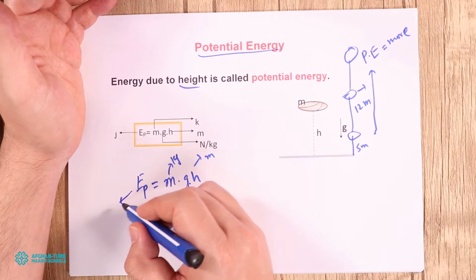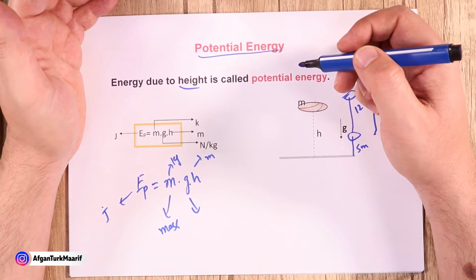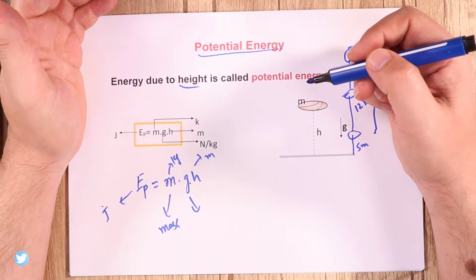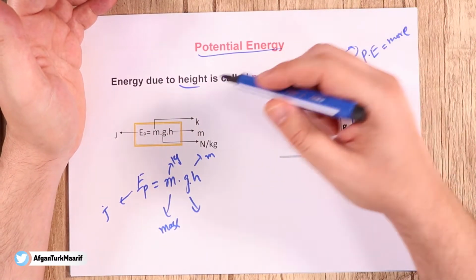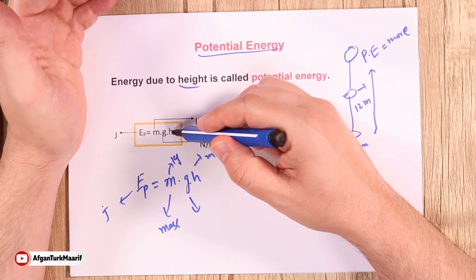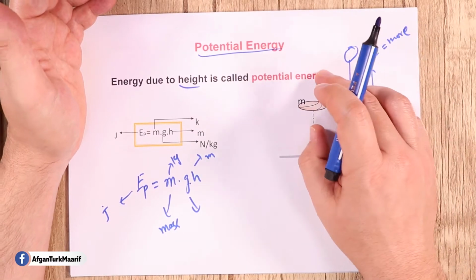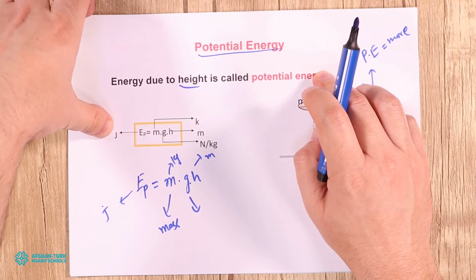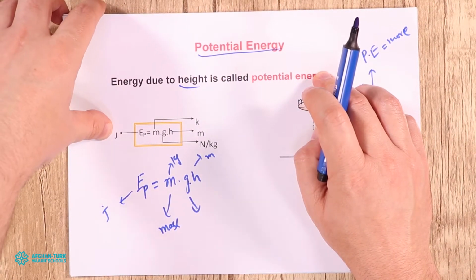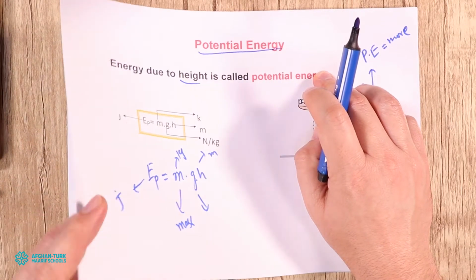So the unit of potential energy, like other types of energy, is also joule, and it is equal to mgh, mass times gravity times height. So this is called potential energy. Okay, let's move to the next page and solve some examples of potential energy.